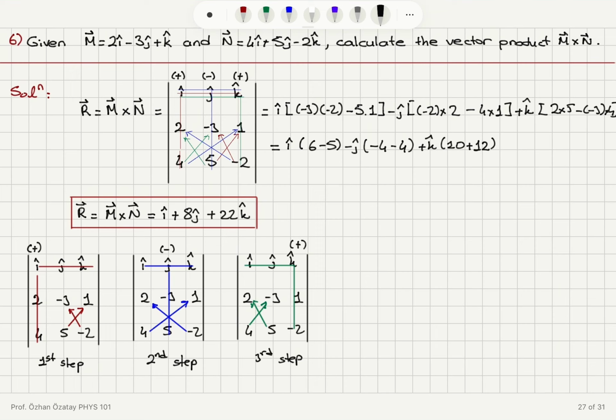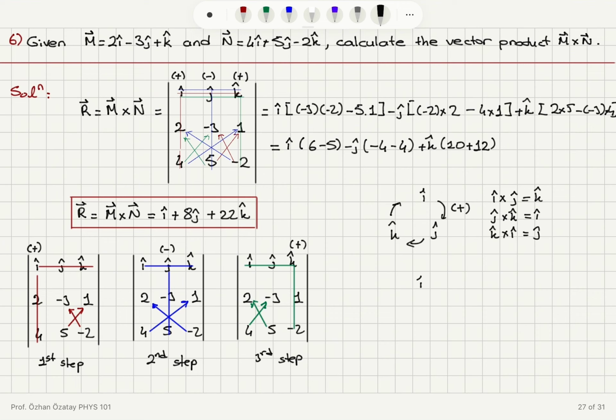Okay, the other thing I want to note here is the cross product of the unit vectors i hat, j hat, and k hat. I want to remind you that if you go in the clockwise direction, this is the positive direction, so that i hat cross j hat is k hat, j hat cross k hat is i hat, and k hat cross i hat is j hat.